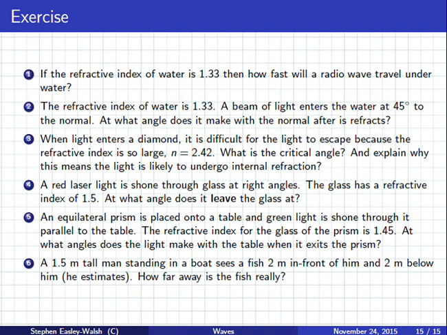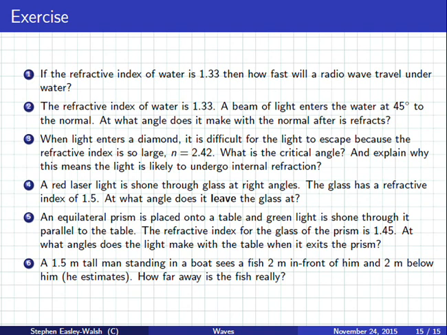Now, can I go to part C? Do you have this? So part C. Now you have your glass again, and your air here, with n equals 1 and n equals 1.5, and here's your normal.